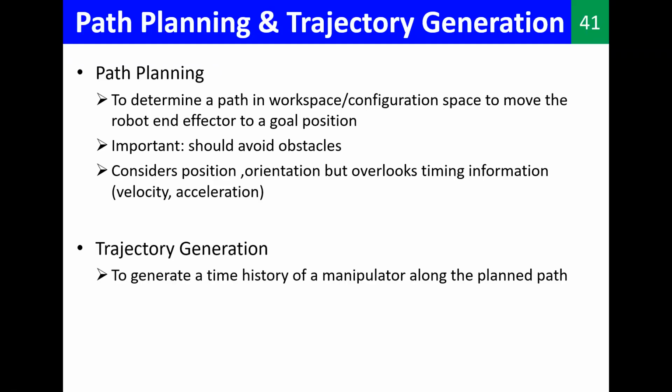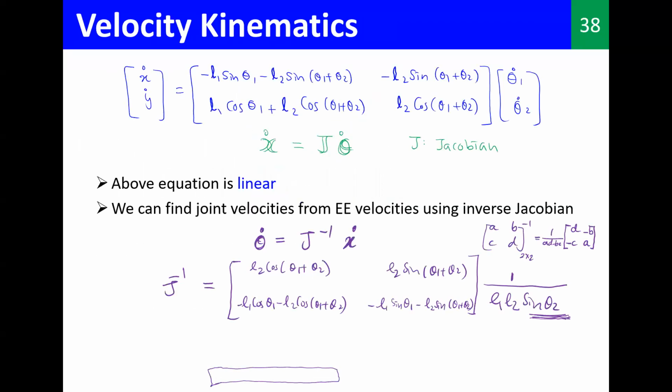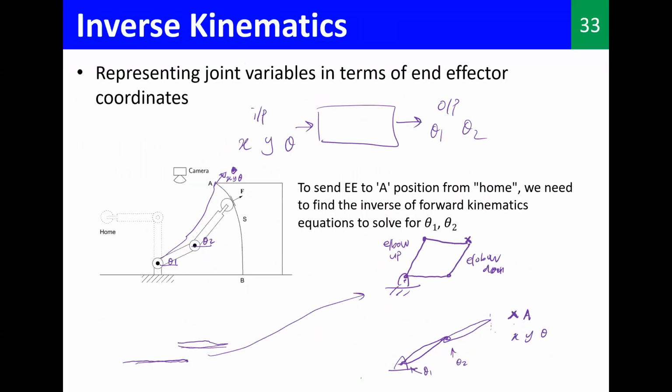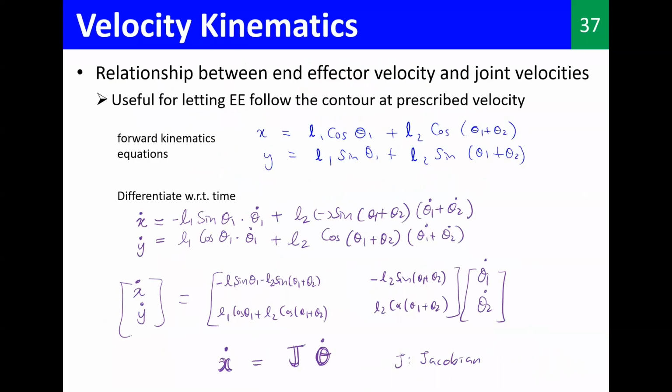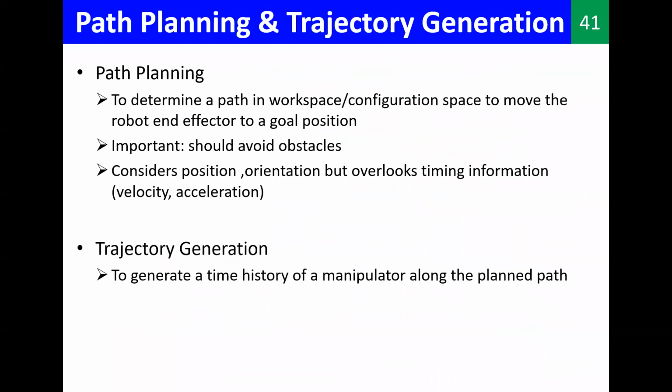When we say path planning, we want to find a path to go from A to B. If I show you the previous example, here we have a certain path from A to B. We need to plan how we are going to go from A to B. It can be some equation, a polynomial equation, or there are various ways we can approach it. That is the topic of path planning and trajectory generation.